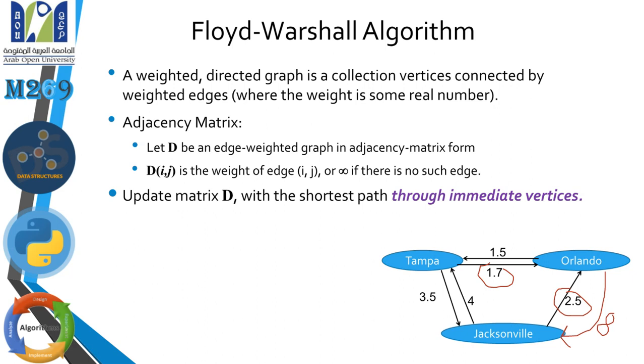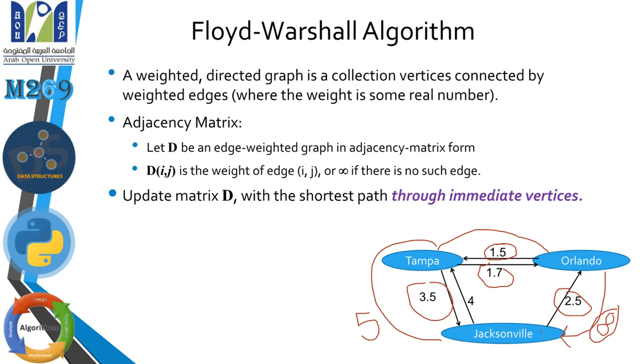Now, if I don't have a direct way from Orlando to Jacksonville, I can still reach this place indirectly, because infinity is a very huge number. So I can go to Tampa, and then from Tampa I can reach Jacksonville. The weight will be 1.5 plus 3.5, which is 5.